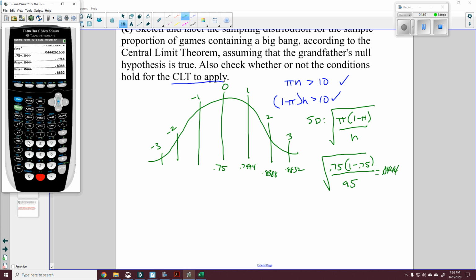And now I'm going to do it to the other side. I'm going to go 0.75 minus 0.0444 and do that 3 times.